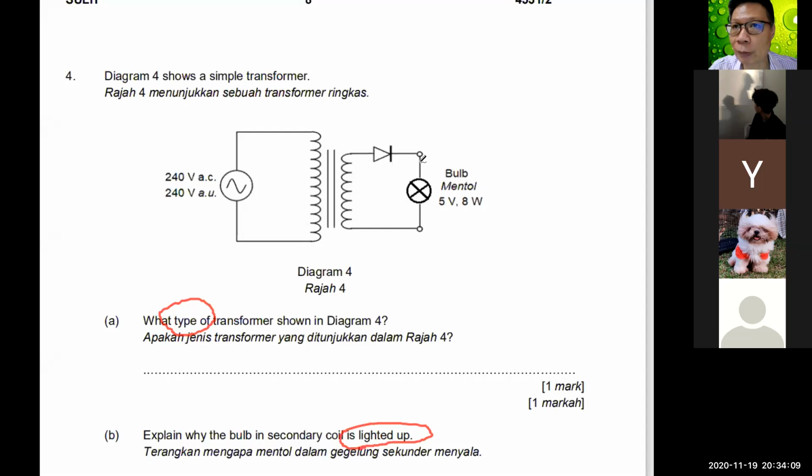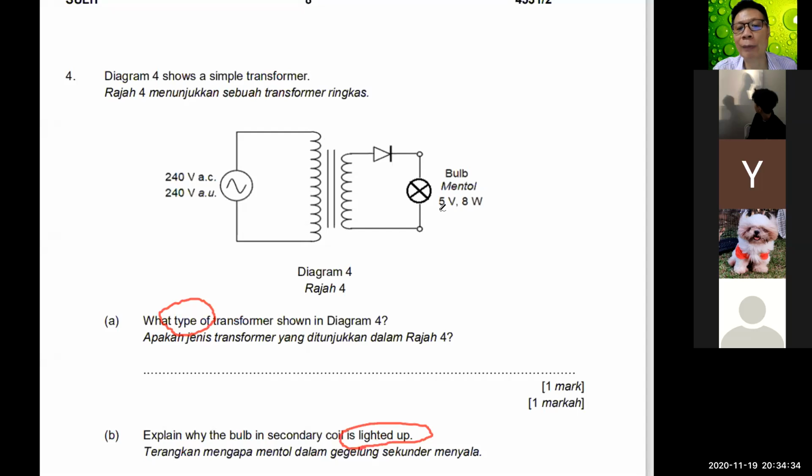So when the bulb receives the voltage required by it, then it will work normally. It will light up normally. Understand? When it receives the required voltage and the power. Got it or not, Jocelyn? Yes. Got it, when it receives the required voltage and the power, it will light up normally.